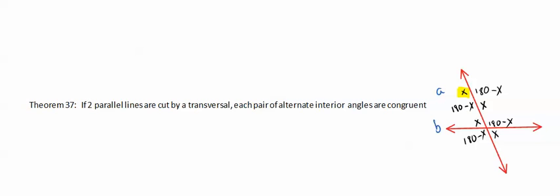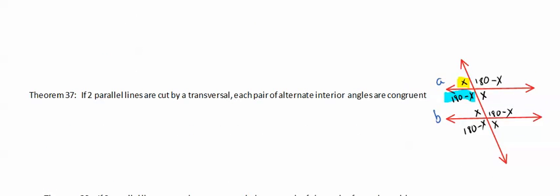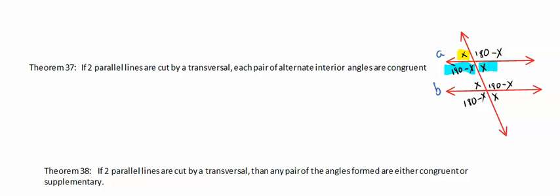If I didn't select that angle and I instead selected this one, that would be congruent. Now think of the next four. If I chose this one, or this one, or this one, or that one, the angle will either be congruent or supplementary. So that brings us to Theorem 38: if two parallel lines are cut by a transversal, then any pair of the angles formed are either congruent or supplementary.